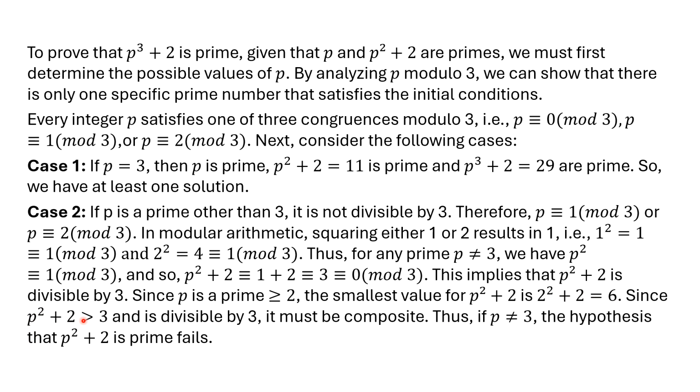Since p squared plus 2 is greater than 3 and divisible by 3, it must be composite. Thus, if p doesn't equal 3, the hypothesis p squared plus 2 is prime fails. And so we're just left with this one possible solution here.